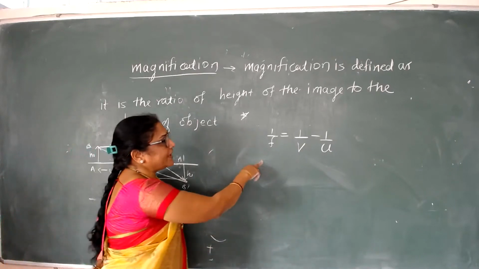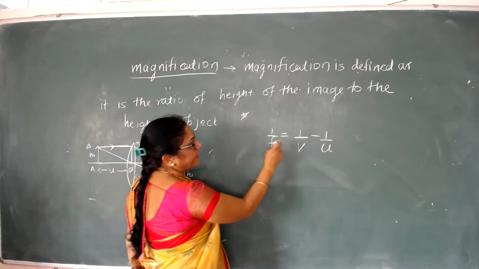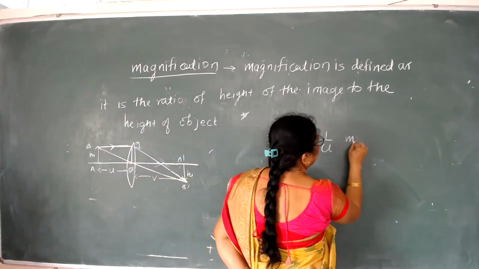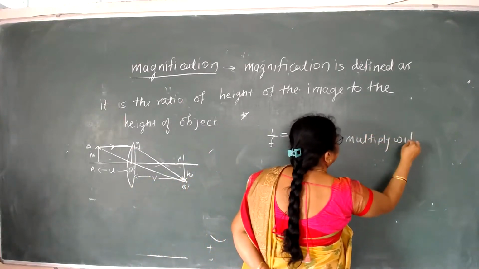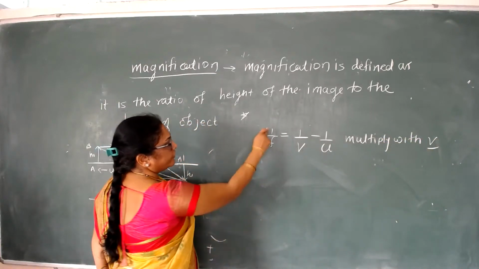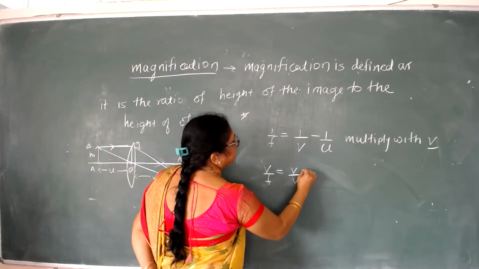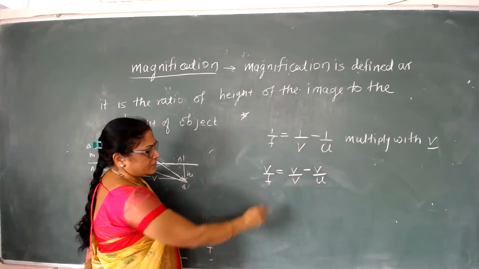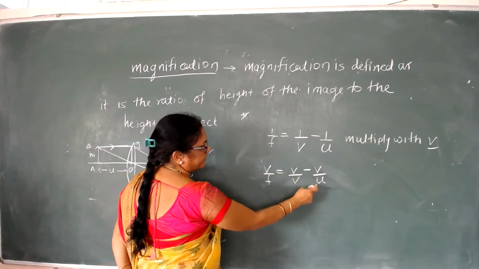So when the focal length is related with the magnification, at that time multiply this equation with v. When we multiply both the sides with v, v by f is equal to v by v minus v by u.